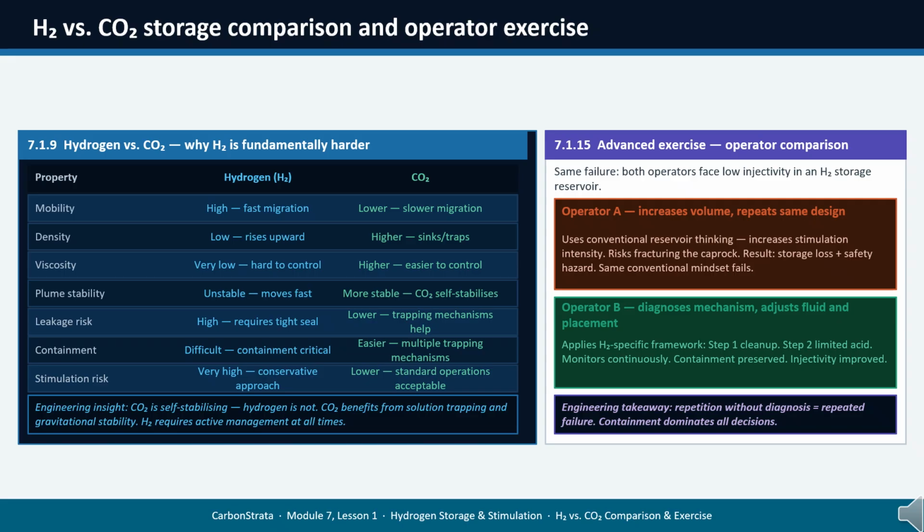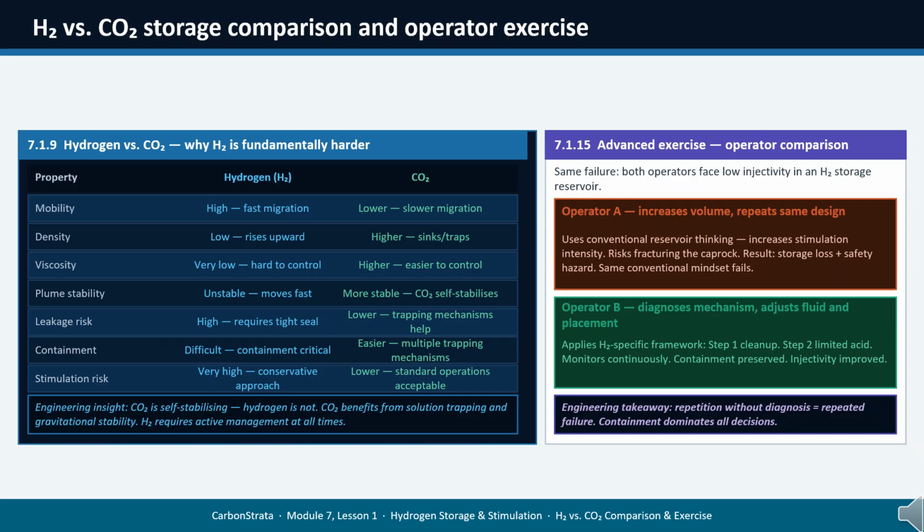The second operator takes a different approach. Instead of reacting, the problem is diagnosed. Cleanup is performed first. If needed, a controlled acid treatment is applied. The system is monitored throughout. The outcome is different. Injectivity improves. Containment is preserved. The system remains stable. The difference is not experience or equipment.